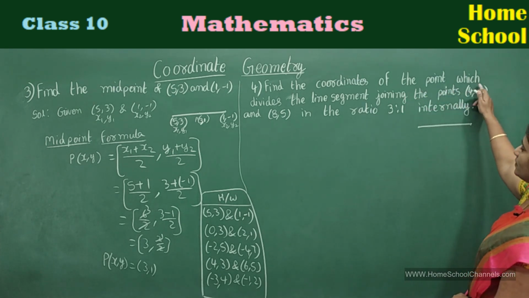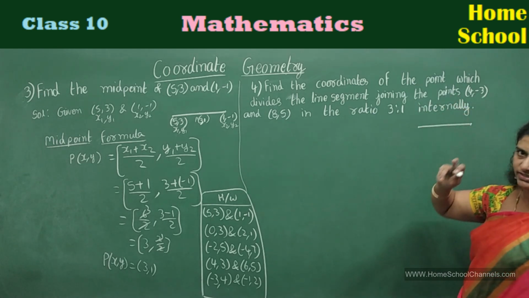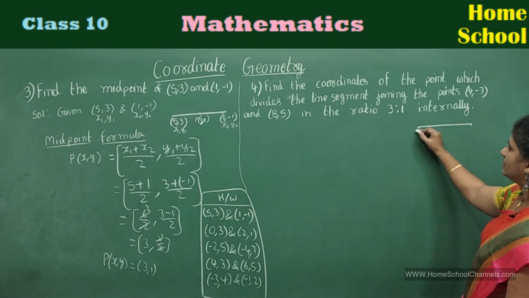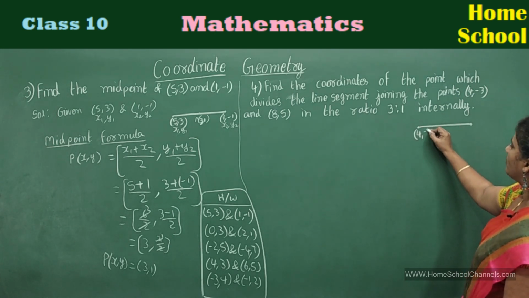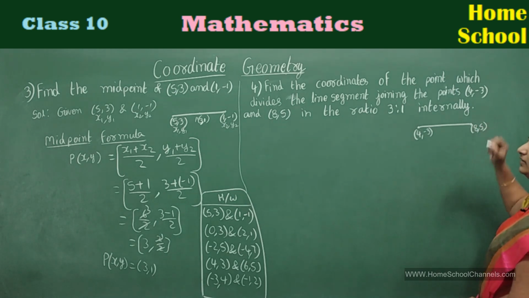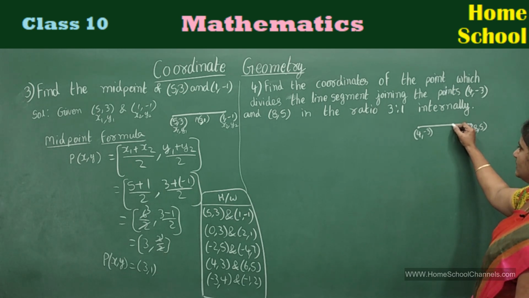The coordinates of the point which divides the line segment joining points. Line segment joining points means these two corner points. What are the coordinates? 4, minus 3 and 8, 5. In the ratio 3:1.